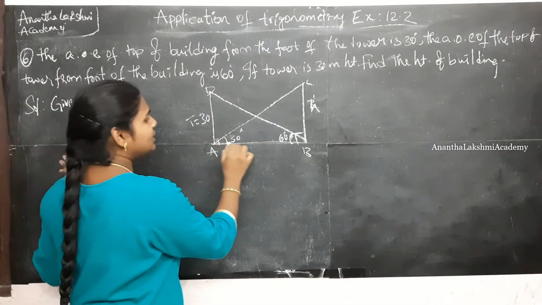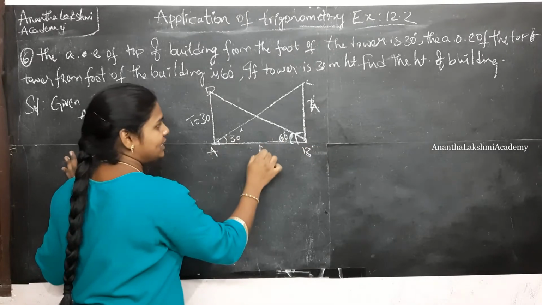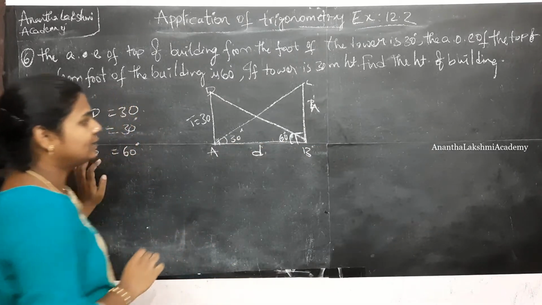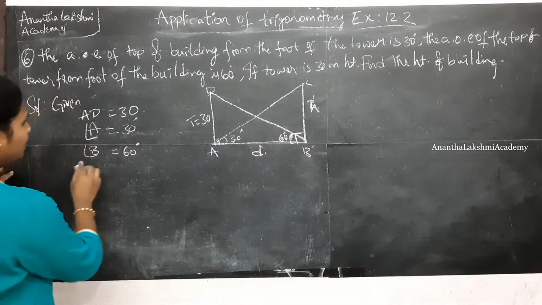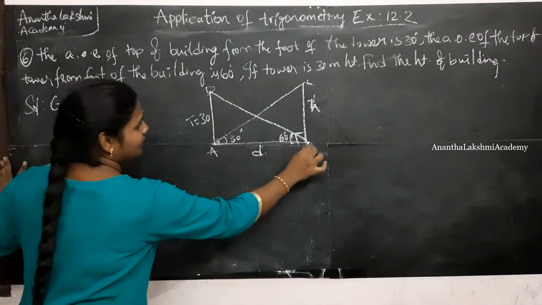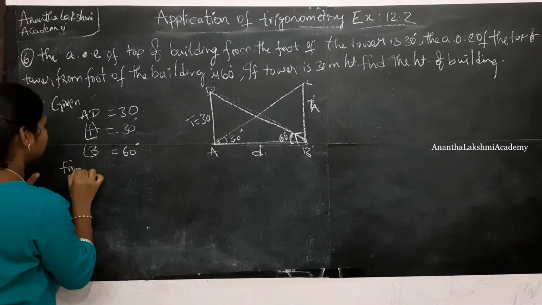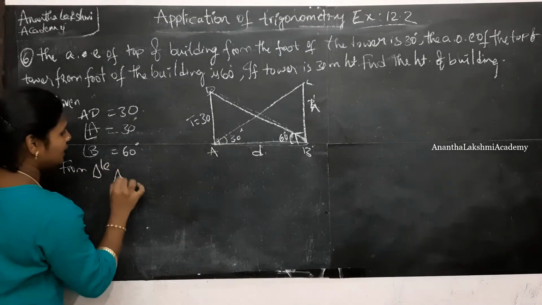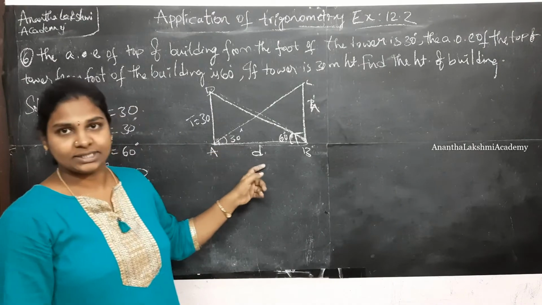If we assume the distance between the tower and building to be D, what are we going to get? We need to find the height of the building. So here, from triangle ABD, we have the opposite side and the adjacent side.